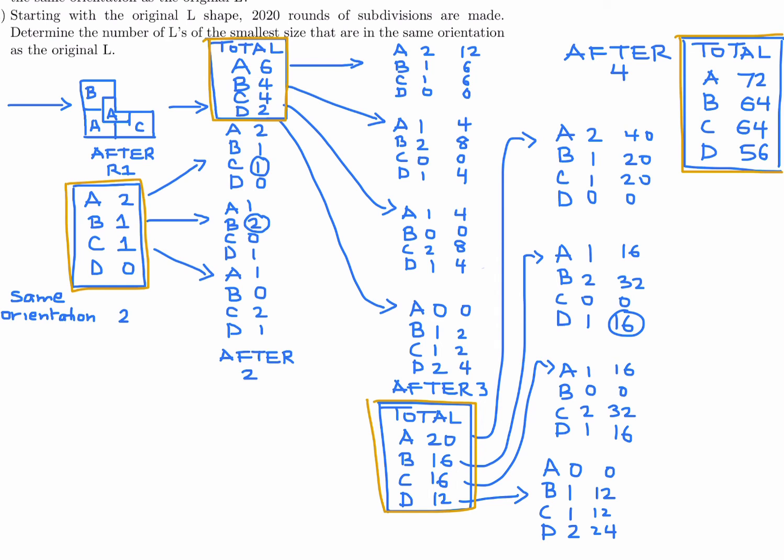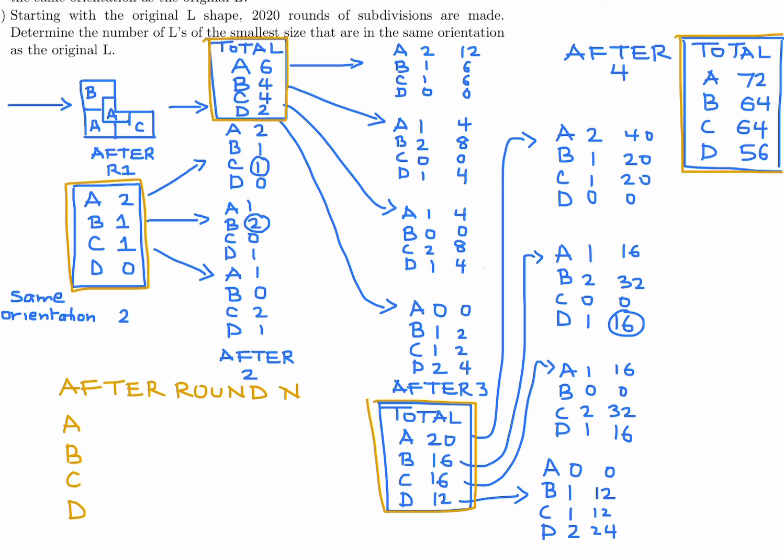Okay, so let's figure out the general rule. After round n, let's say, where n is some number, what will be my total for A, B, C, and D? So I have to stare at this and see some sort of a pattern.